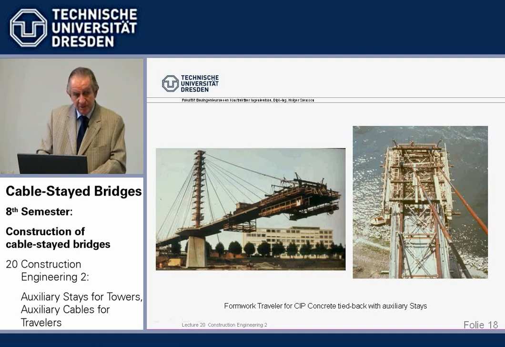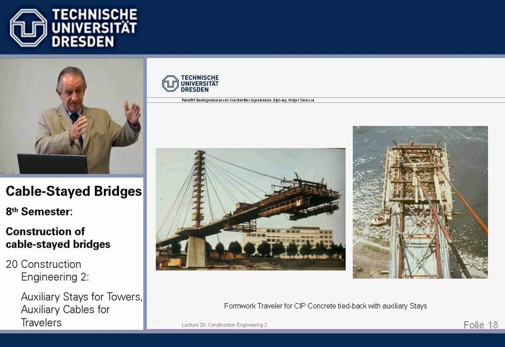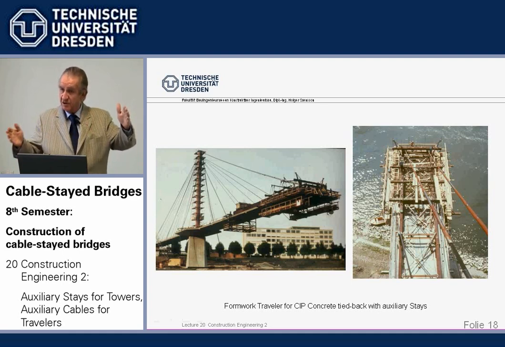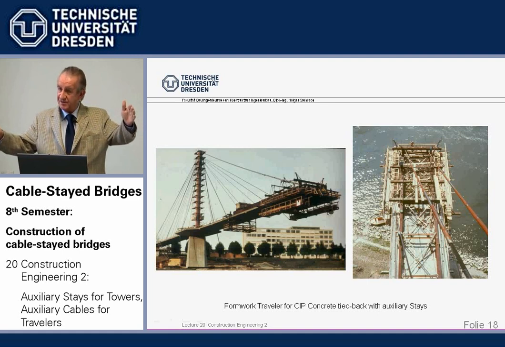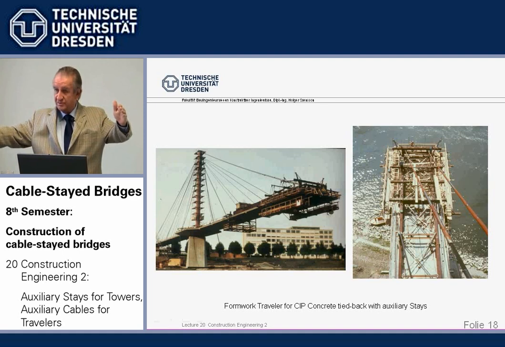Secondly, because the first auxiliary stay cable remains in, it's just elongated, all the pieces of the cables have to be sized for the biggest force, which of course occurs at the tip, at the end of free cantilevering.